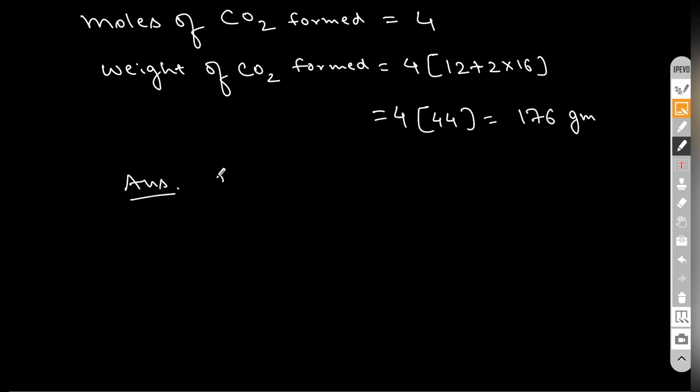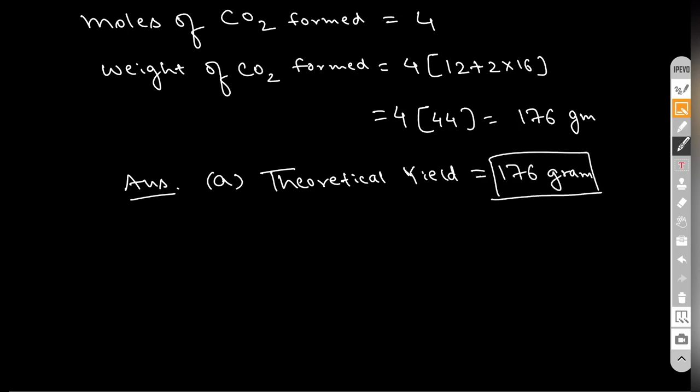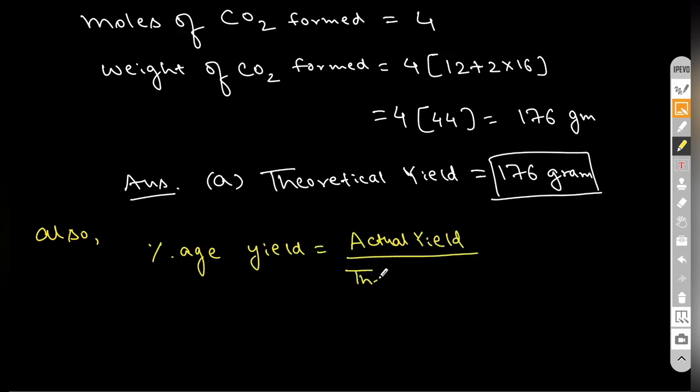So we'll write the answer for part A, which was theoretical yield. We have to find out the theoretical yield. It is 176 gram, right? Now we'll solve the second part. Also we'll write that percentage yield is basically actual yield divided by theoretical yield multiplied by 100.